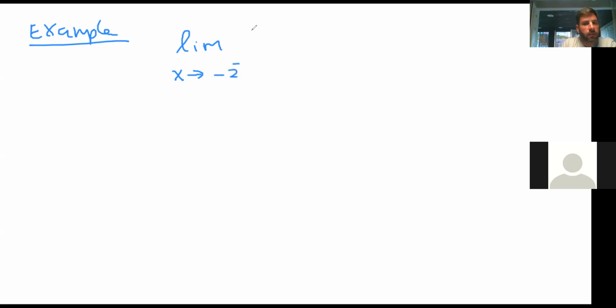So let's look at an example of how this might come into play. Let's take the limit as x approaches, let's say -2 from the left of 4x squared plus 7 over x squared minus 4.